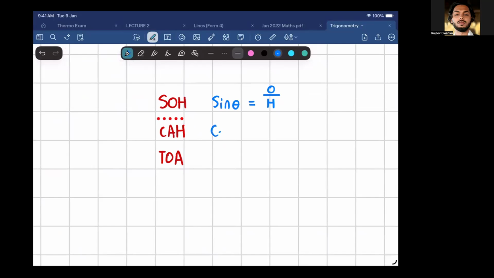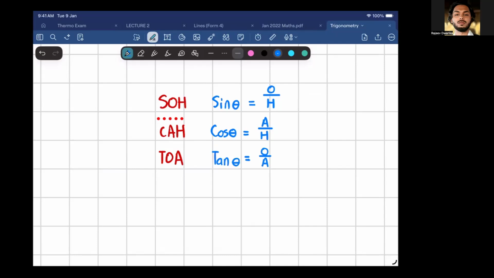That means cos theta is equal to adjacent over hypotenuse. All right? For Sayers, what do you think TOA means? Opposite over adjacent. Right, but what does T stand for? Is it sine, cosine? Tan. Yes.